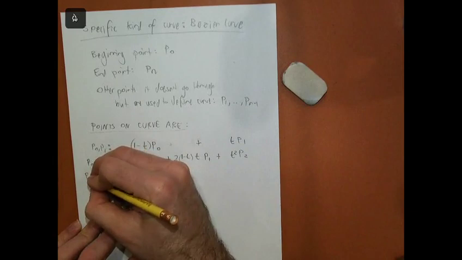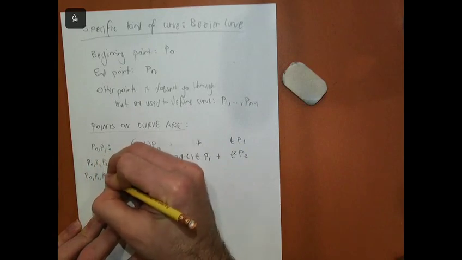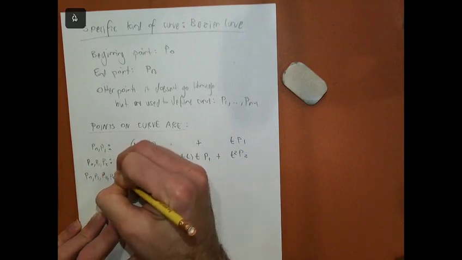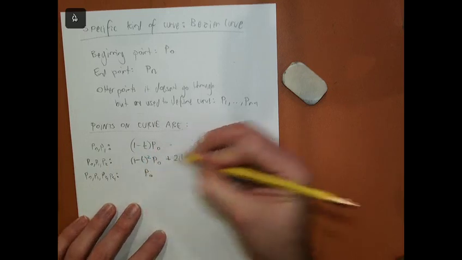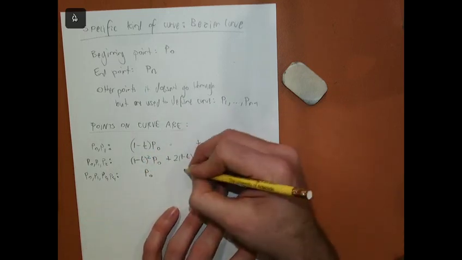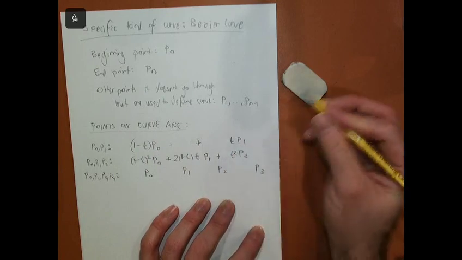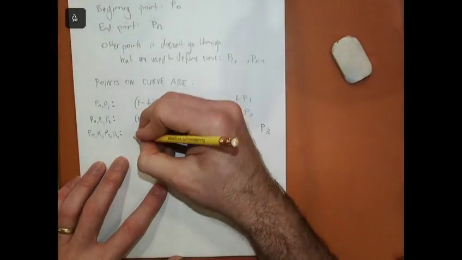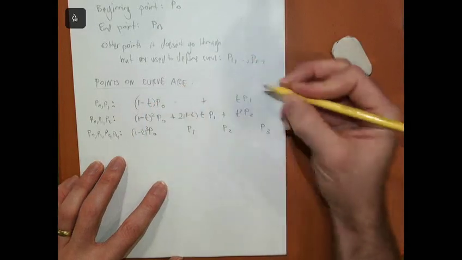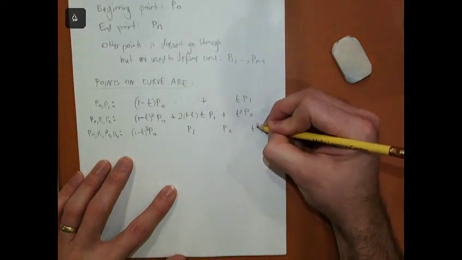And then with 4 points, there'll be a P0 and a P3 and a P1 and a P2. Over this side we're going to have 1 minus t cubed, and over this side t cubed.